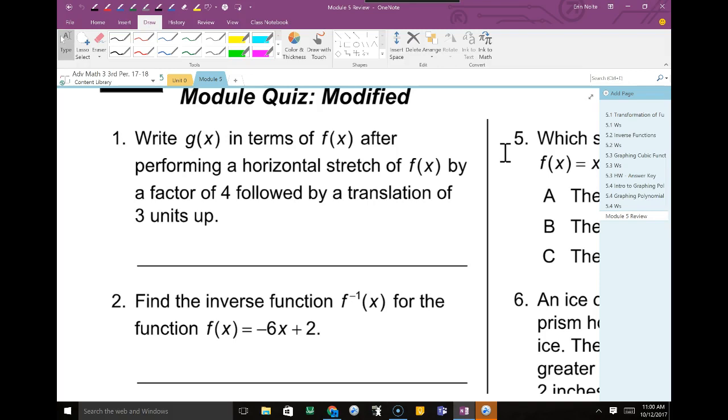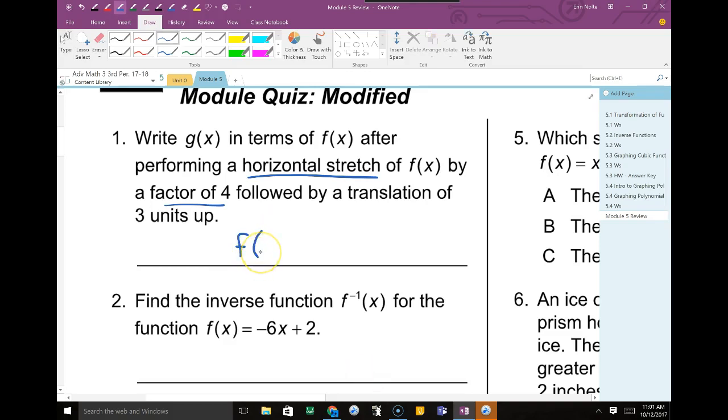Okay, for number 1, it says write g of x in terms of f of x after performing a horizontal stretch by a factor of 4 and translating it up 4 units. Okay, so horizontal stretch. How do I do a horizontal stretch? By a factor of 4. Where does the horizontal stuff happen? Inside the parentheses, right? So if I have a horizontal stretch of a factor of 4, what's going to be inside the parentheses?